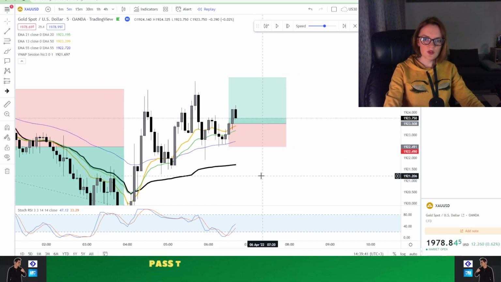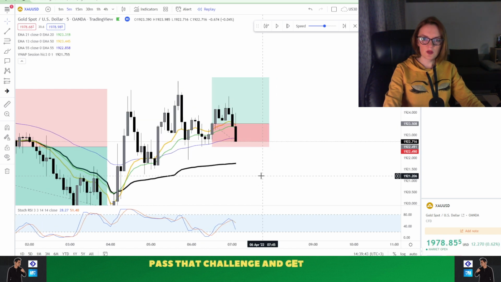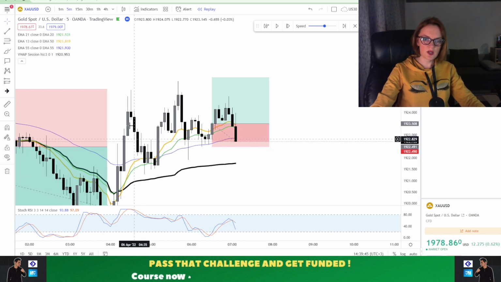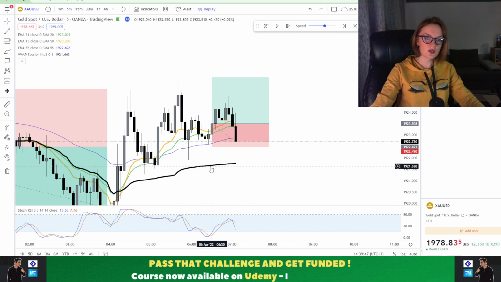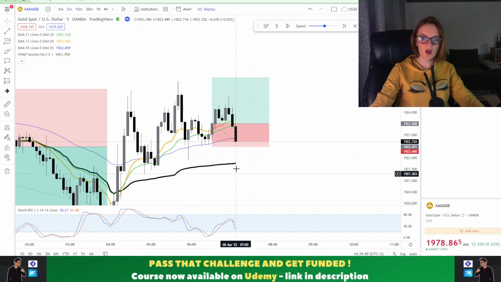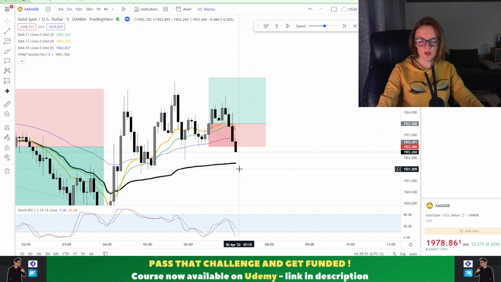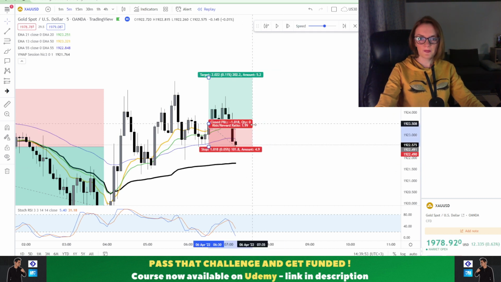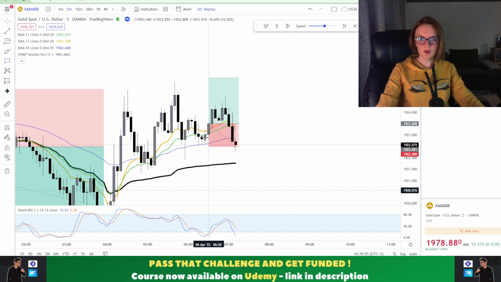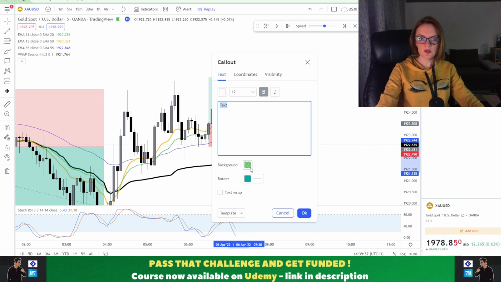Alright, I am not really sure if this position will be good, because I can see here that this is a ranging zone, a kind of ascending channel, so I expect for this to be a loss, of course. But it's fine, we've got a minus 0.5% for this position here.